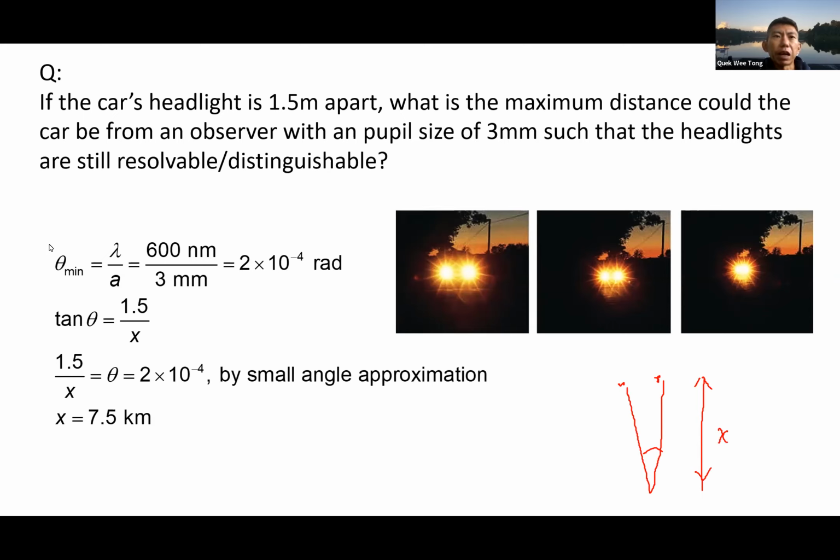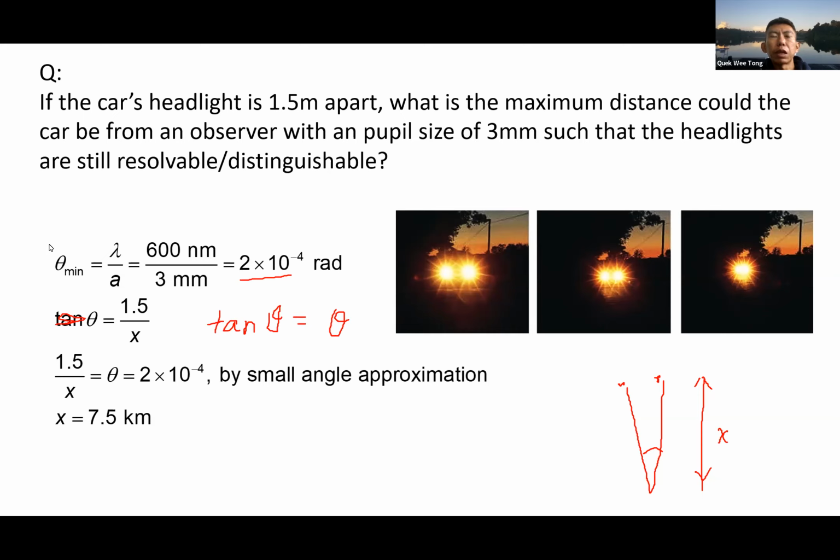Some of you may be very uncomfortable by now. How can we use this theta right away without even using tangent? Because for the small angle approximation, tangent theta equals sine theta equals theta, for theta in radian. Since here you already solved in radian, and how do you know it's in radian, not degree?